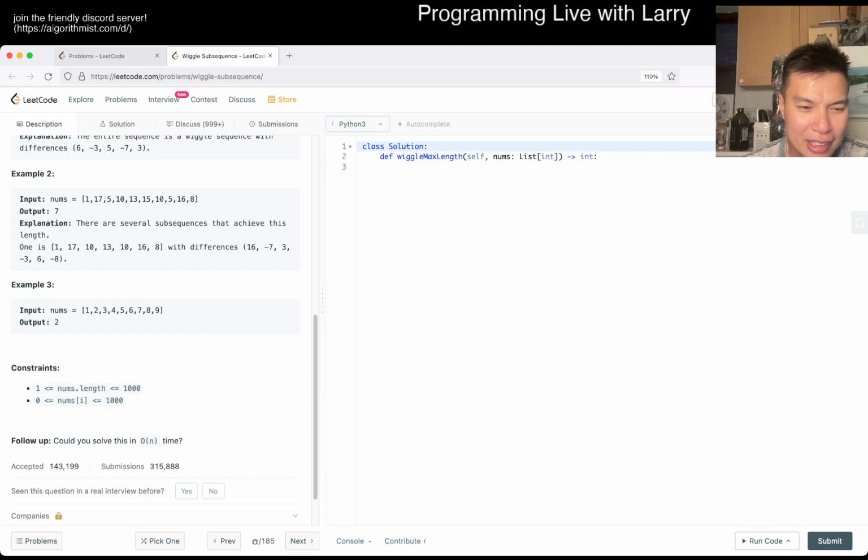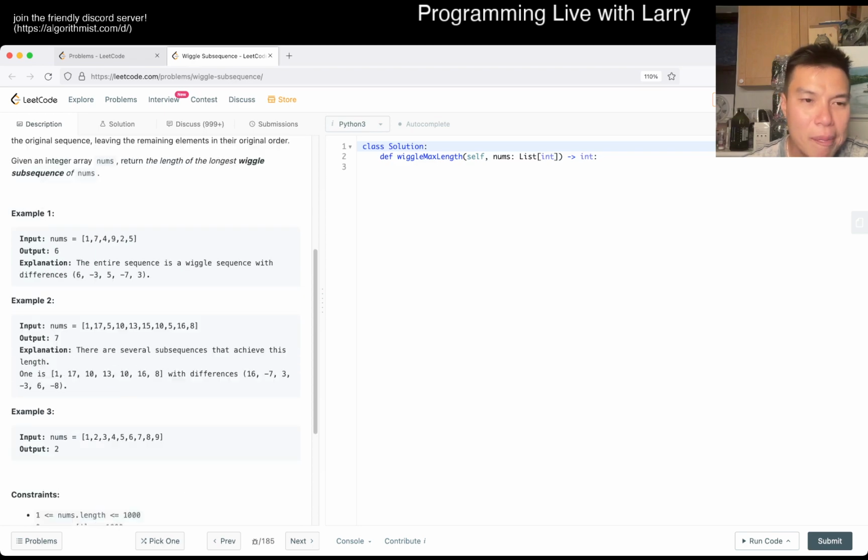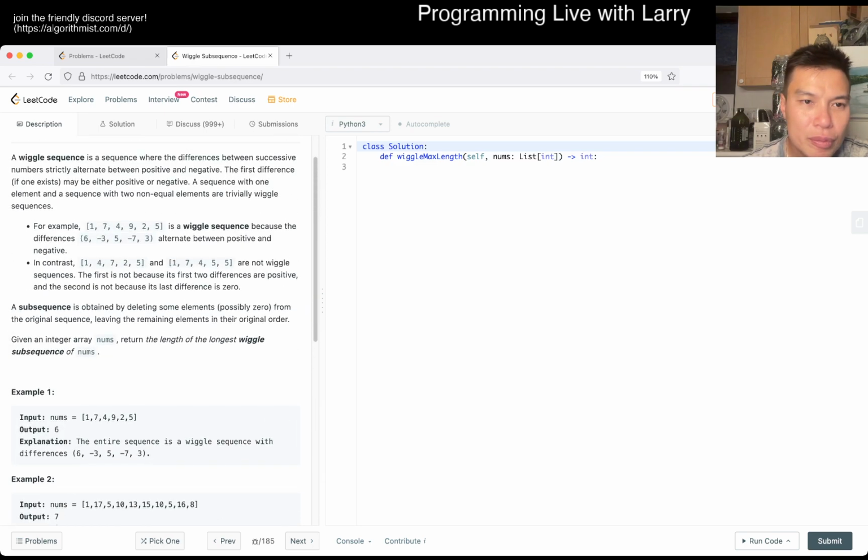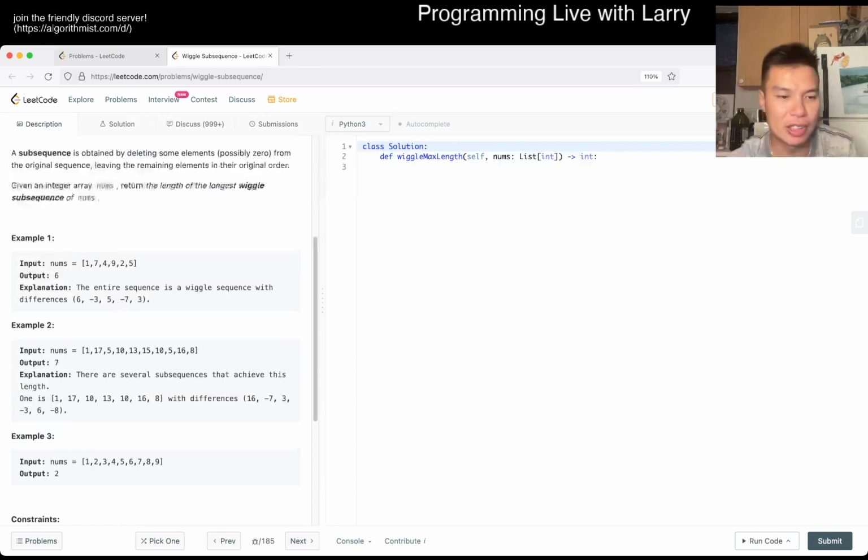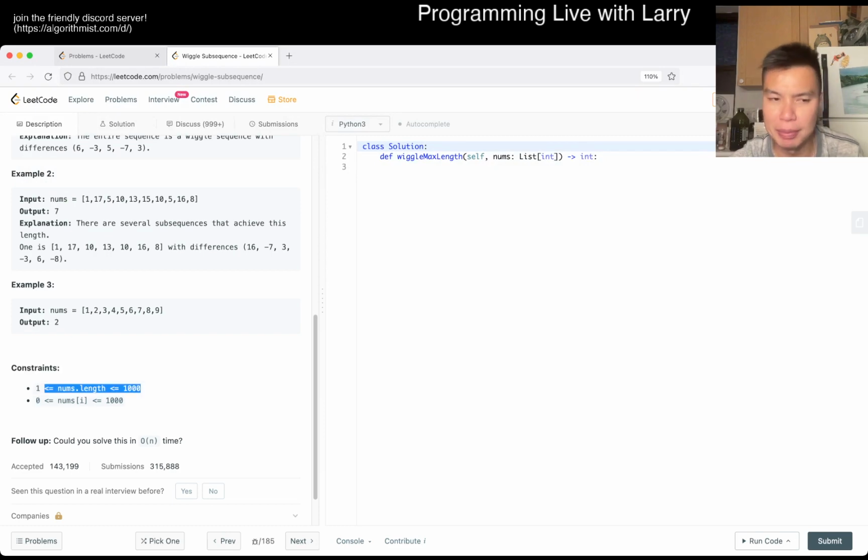Okay, and the follow-up is, can I solve this in linear time? So my first instinct is just basically dynamic programming, right? With n up to 1,000, dynamic programming is going to be probably fast enough.